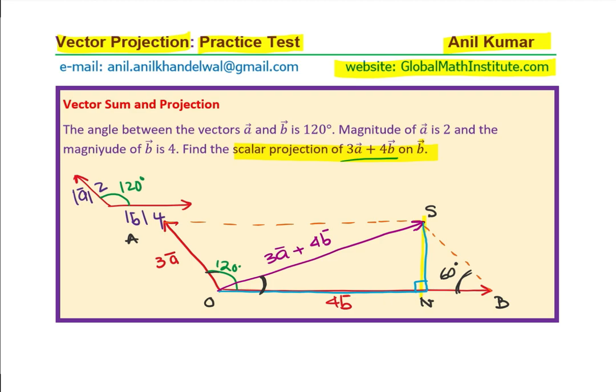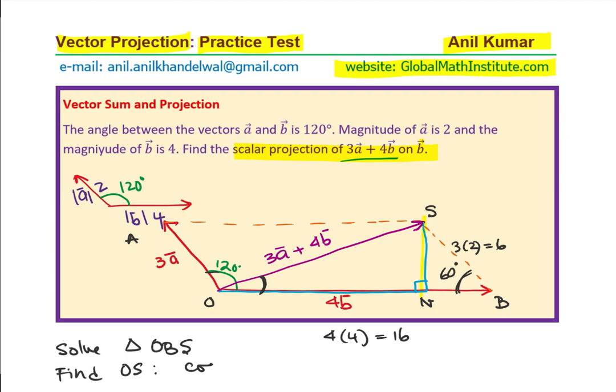Magnitude of 3A plus 4B means this side is going to be 3 times 2, which is 6, that is 3 times A. And this length will be 4 times 4, which is 16, the magnitude of 4B. So solve the triangle OBS and find the length OS.